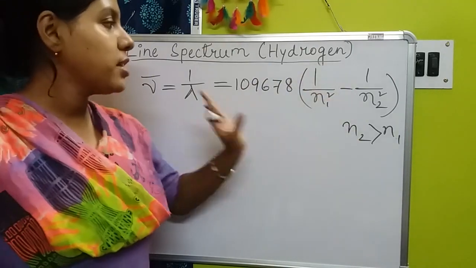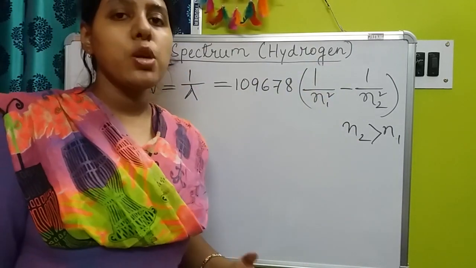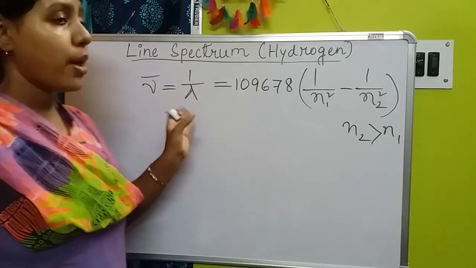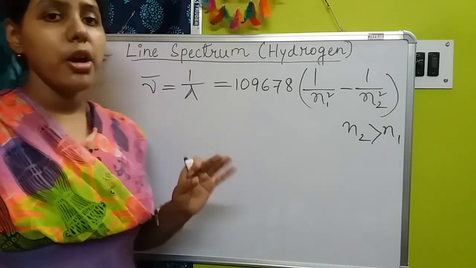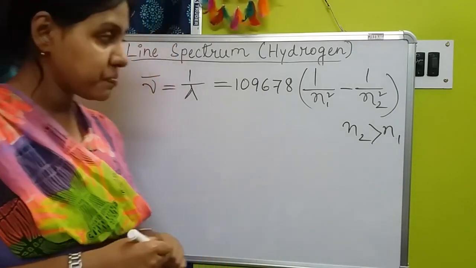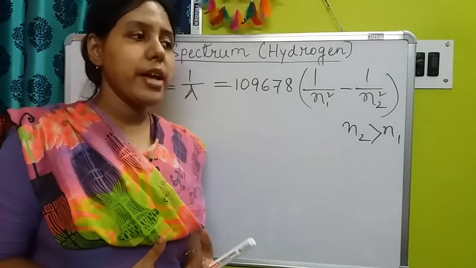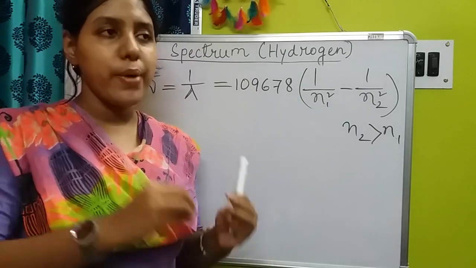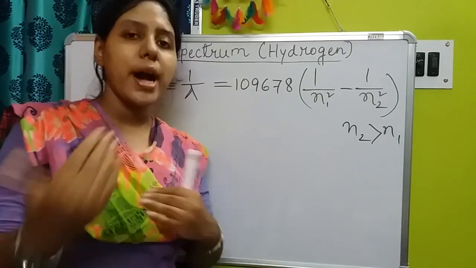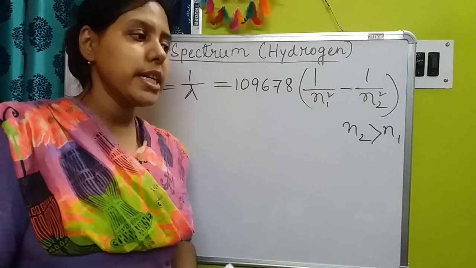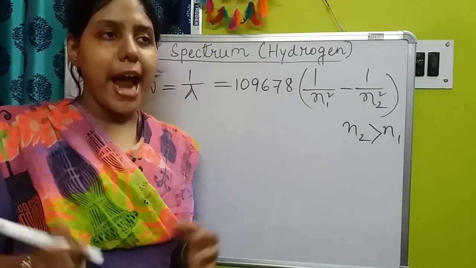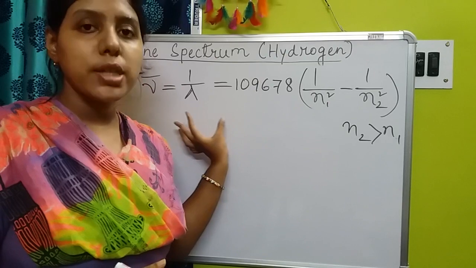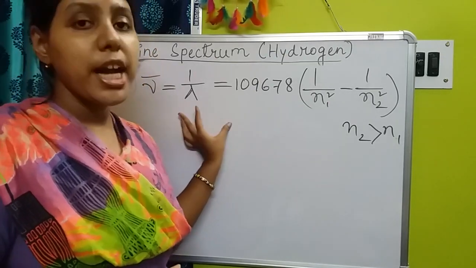So by putting different principal quantum numbers, different quanta levels, we can get the value of the wavelength or the wave number for different radiations. Radiations are obtained whenever an electron transfers from one level to another. At that time it emits or absorbs energy, and due to this absorption or emission of energy we see these lines or radiations.